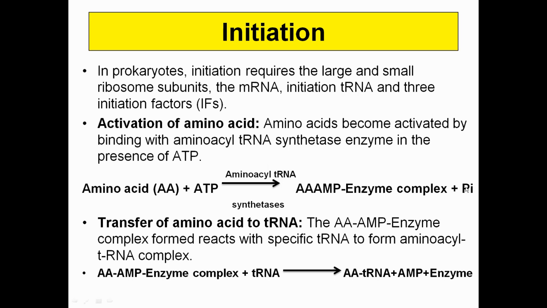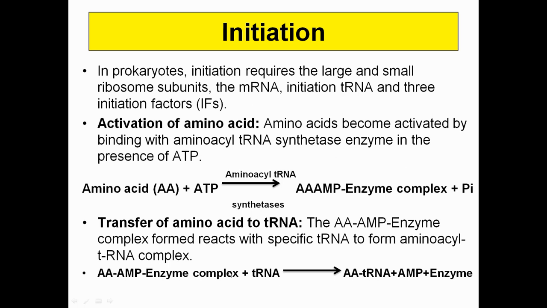And here you can easily recognize two inorganic phosphates are going to be released, because ATP is going to be converted into AMP, and this complex, that is the amino acid AMP enzyme complex, is going to be formed ultimately with the help of the enzyme aminoacyl tRNA synthetase. Okay, so the next step is what happens to this activated complex.